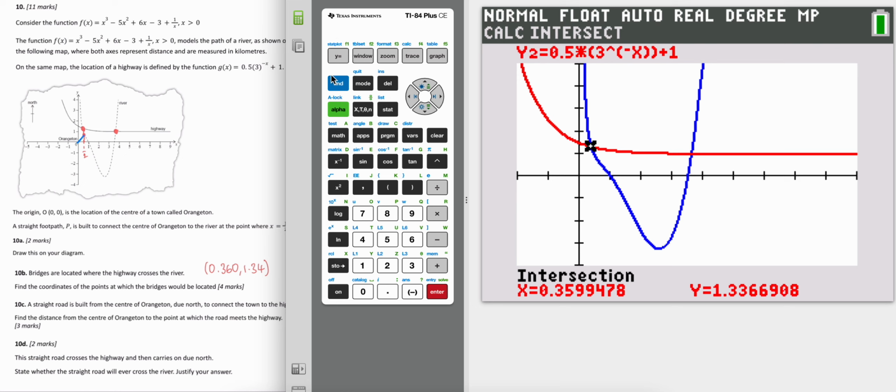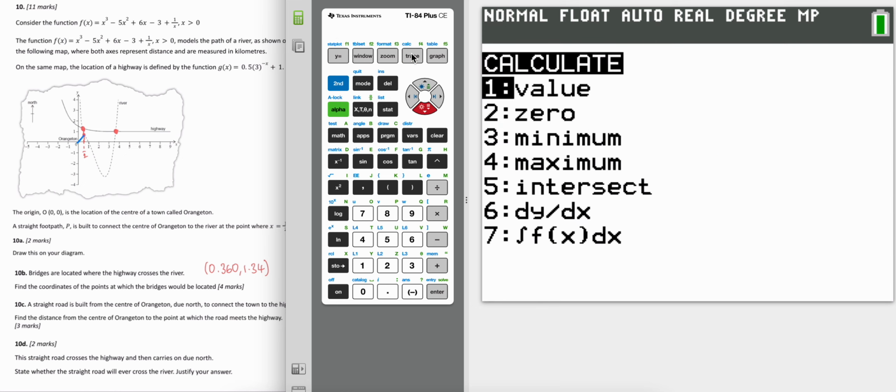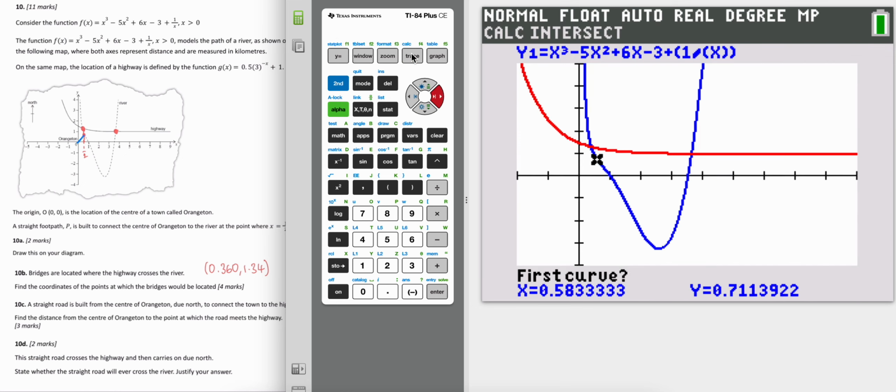And then I have a second one, so second function trace, intersection, and if I go along this side, you can see I have this one here, which is 3.63 to 3 significant figures, and 1.01 again to 3 significant figures. So that's the coordinates of the bridge.